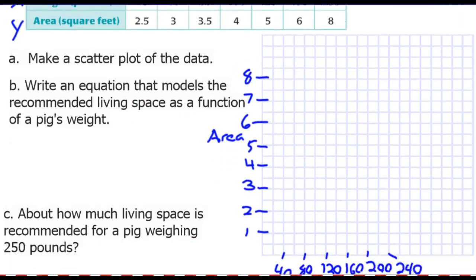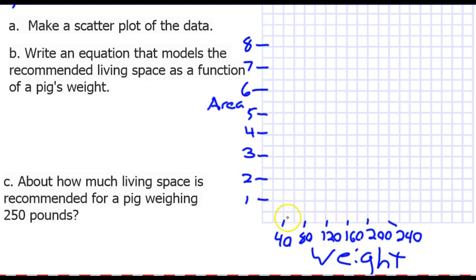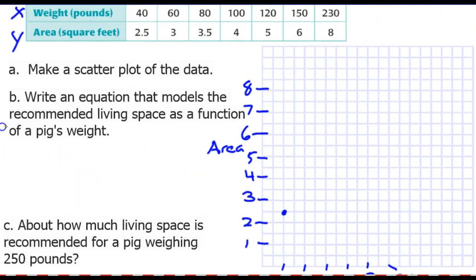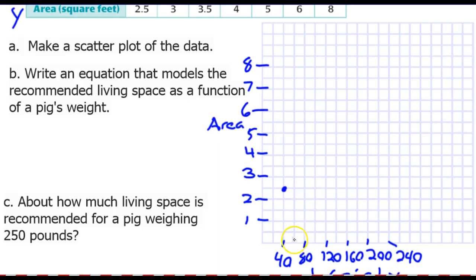So our first point is at 42.5. So 42.5 is right here. Our second point is at 63. Okay?